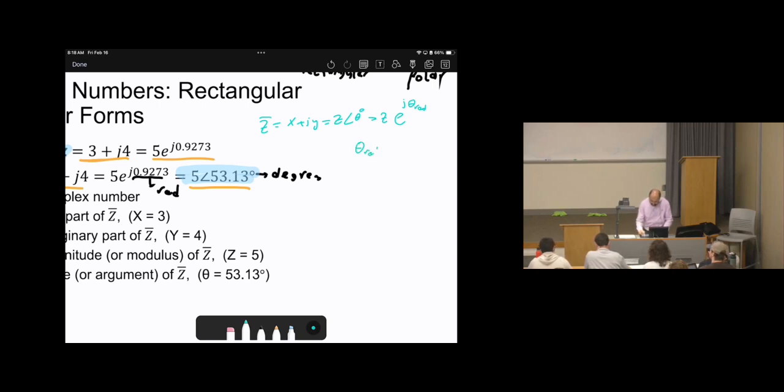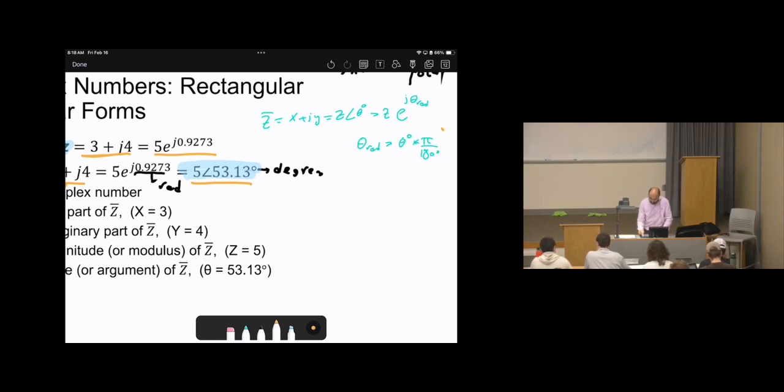To convert radians to degrees and vice versa, theta in radians equals theta in degrees times pi over 180 degrees. Okay? That's the conversion if you need it. Okay, clear?